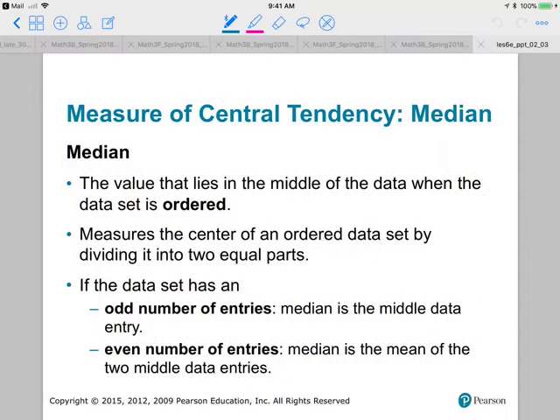Okay, so now moving on to median. Now, median is a little different from mean. Here's what we do for the median. First thing you want to do is take your data entries and put your data in order. Then you find the middle of your data, okay? The middle point. So here's how I like to remember the median.